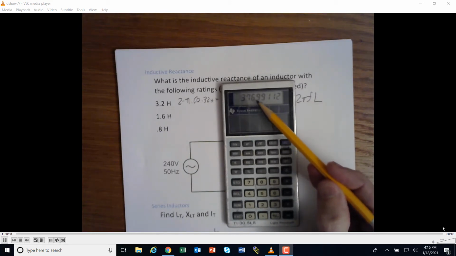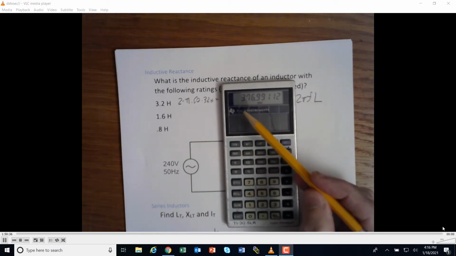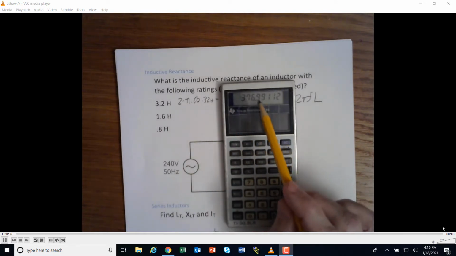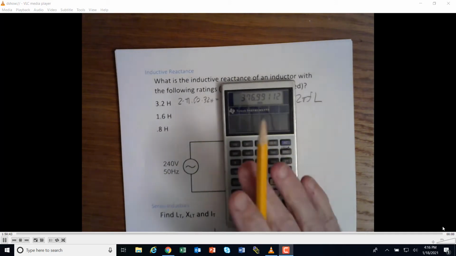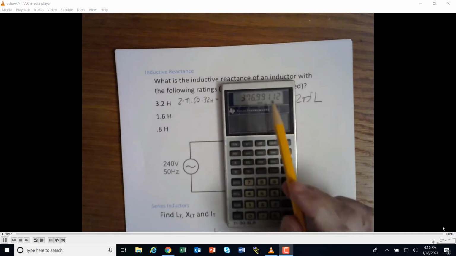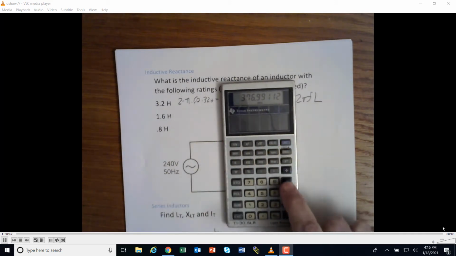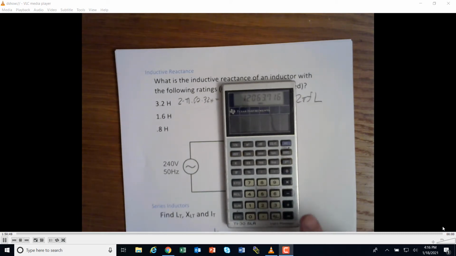So in the future, it's fine to do 2 times pi times 60, but we could use 377, and that's probably going to be pretty good, but we'll keep the full value here. We got 376.99.